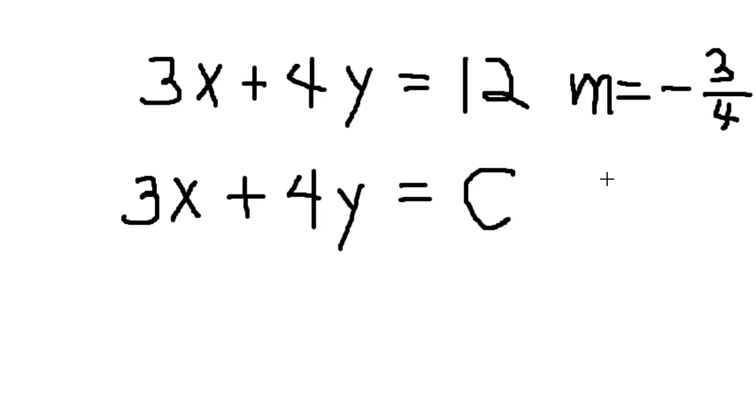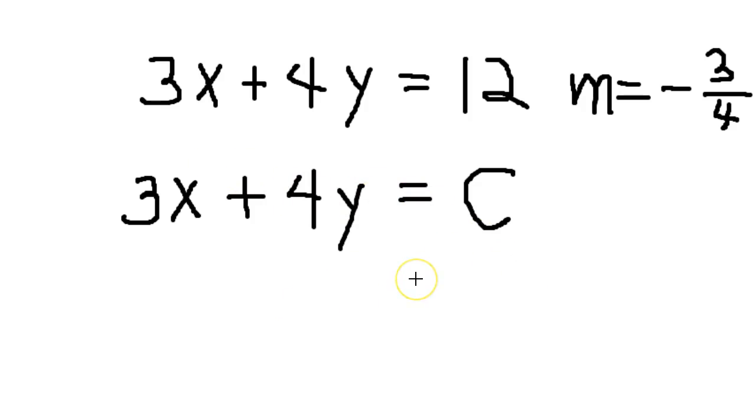Any of these lines will be parallel to the line 3x + 4y = 12 because they have the same slope. We know they have the same slope because the left side of the equation 3x + 4y = 12 is the same as the left side of 3x + 4y = C.